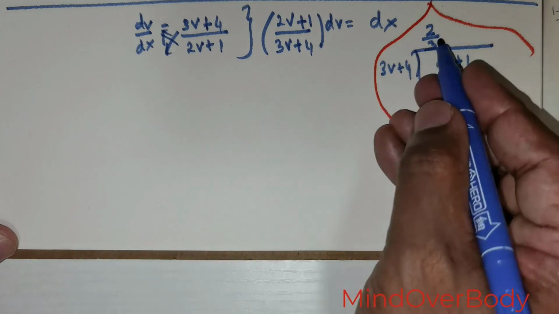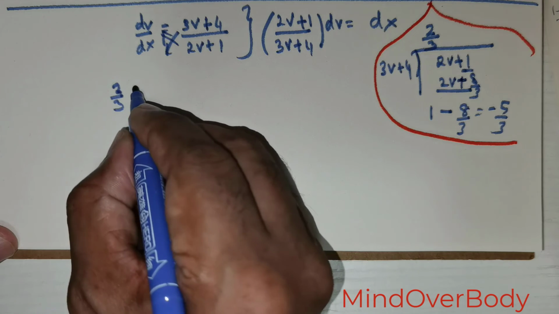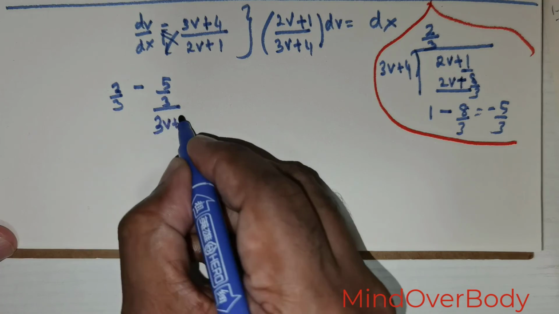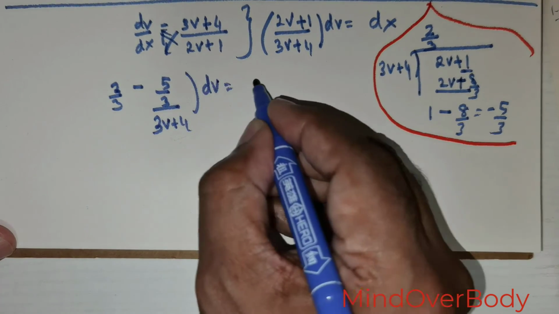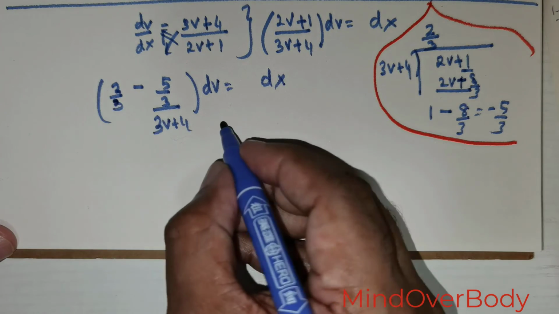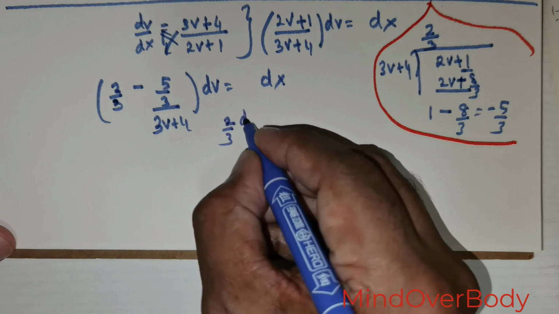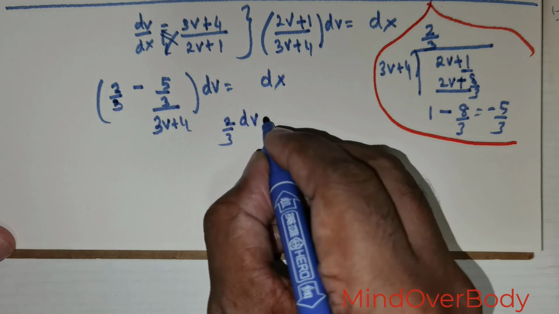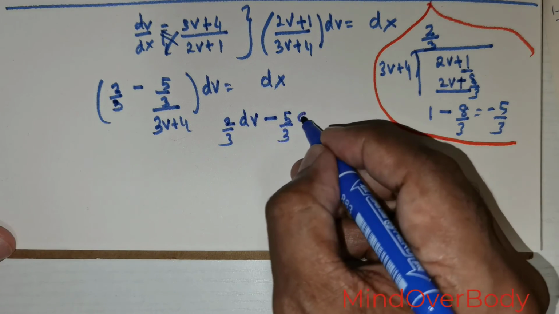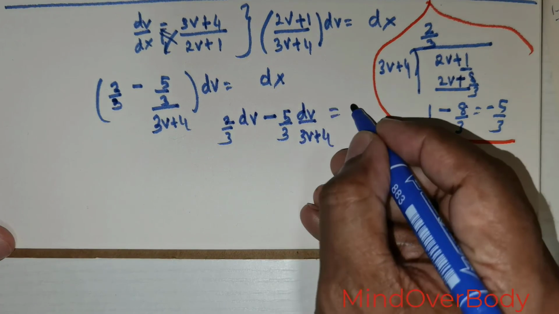So the quotient is 2/3 followed by the remainder 5/3 divided by 3v + 4. This is with dv and this is with dx. Now I can rewrite this as 2/3 times dv minus 5/3 times dv divided by (3v + 4) is equal to dx.